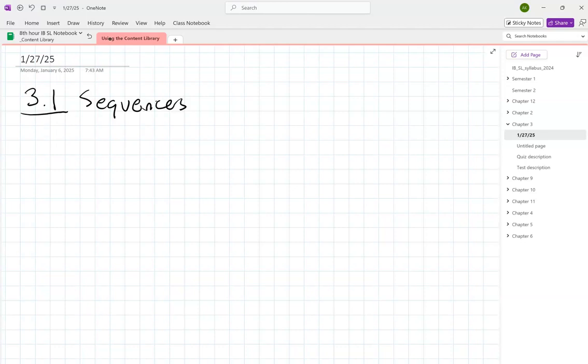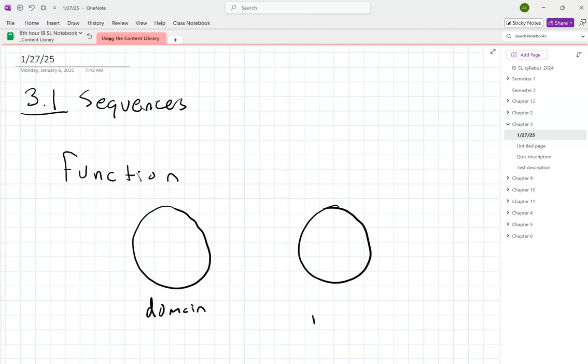Let's start with section 3.1. This whole chapter is about sequences and series. So I want to start with some notation and vocabulary to talk about what we mean by a sequence. Recall when we talk about a function, a function is some pairing of things from a domain over to some things in a range.